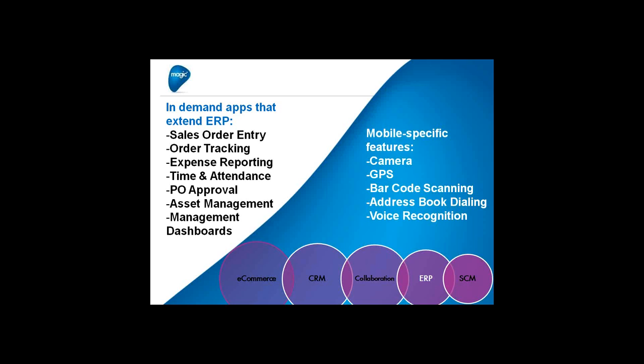And a lot of times these apps need to then use the mobile-specific features: the camera for maybe documenting an asset, the GPS for finding nearby customers, barcode scanning for the tracking of assets or other products and so on.